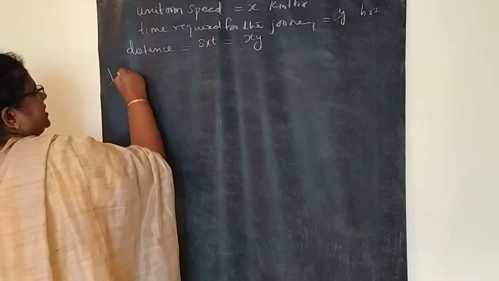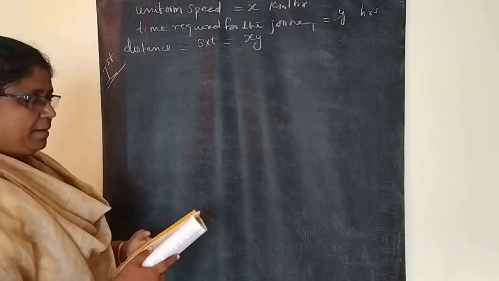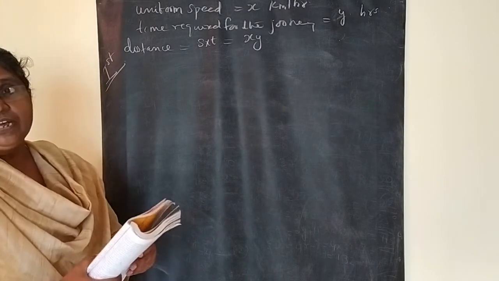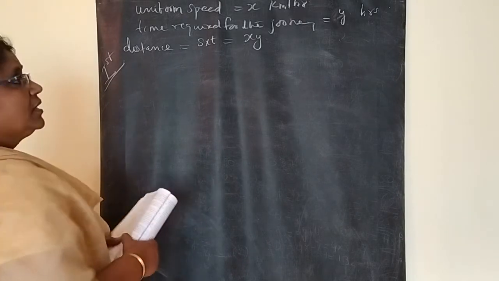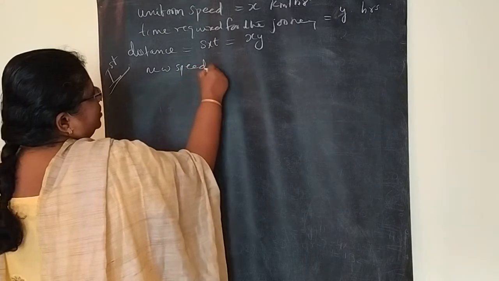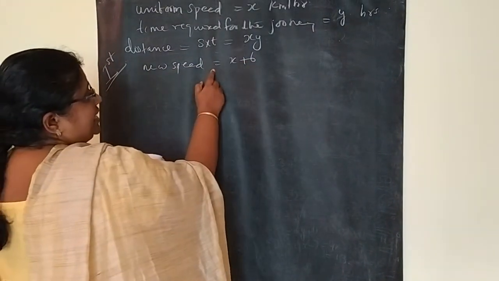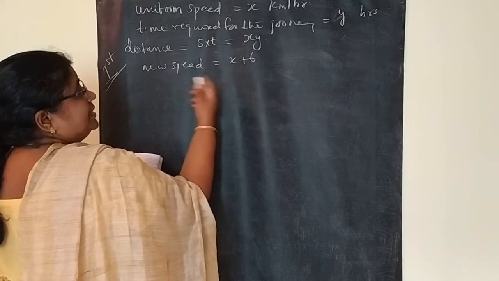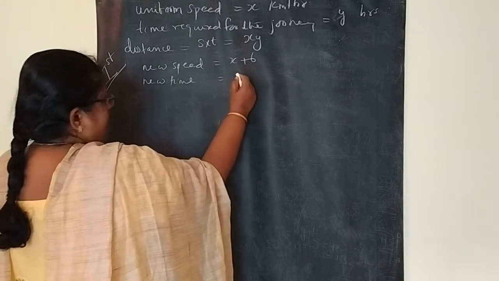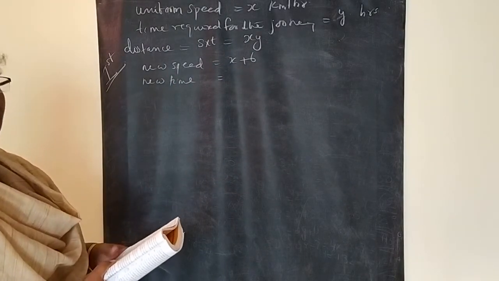Now we are taking the first case. In the first case, what happened? The train increases its speed by 6 km per hour. So what is the new speed now? New speed is x plus 6. So when speed increases, time decreases. What is the new time required? New time is y minus 4.